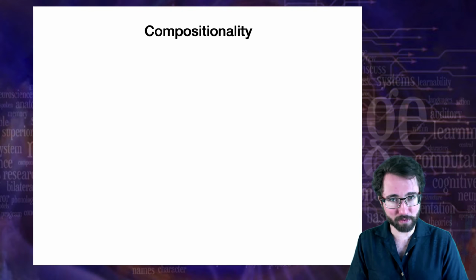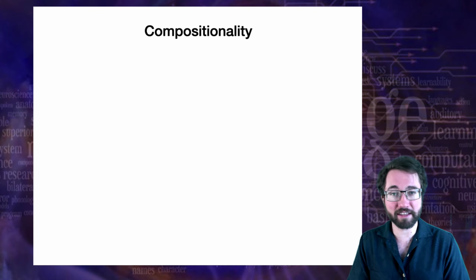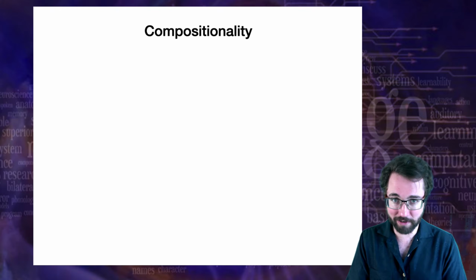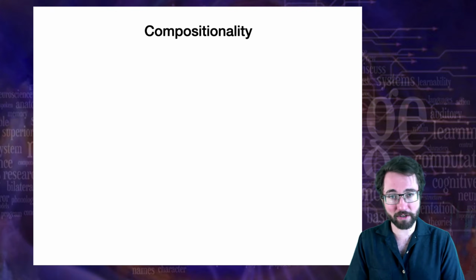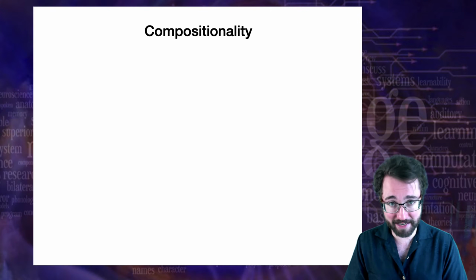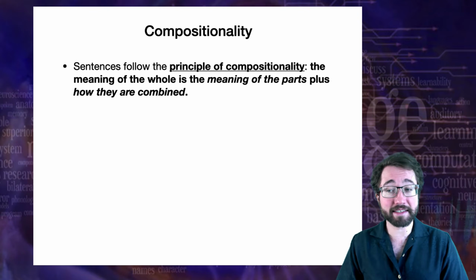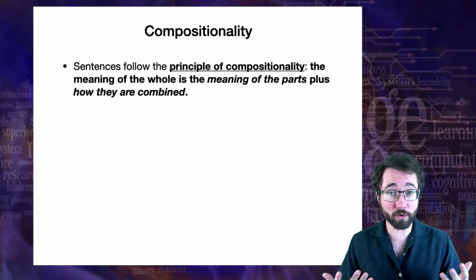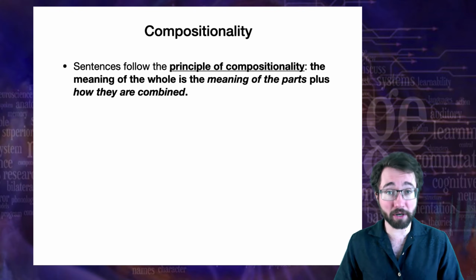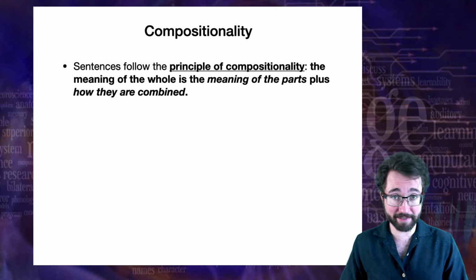So how is this possible? How is it that you can understand the meaning of something that you've never heard before? It's because sentences follow what's called the principle of compositionality. The principle of compositionality means that the meaning of the whole is the meaning of the parts plus how they're combined.